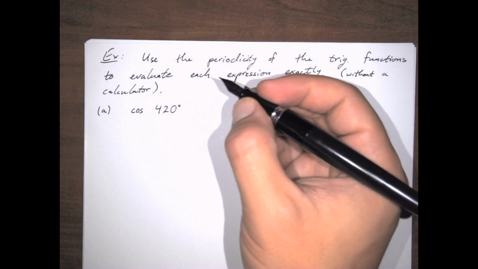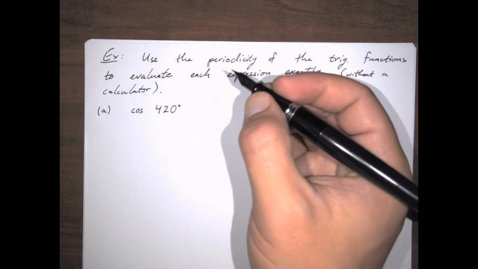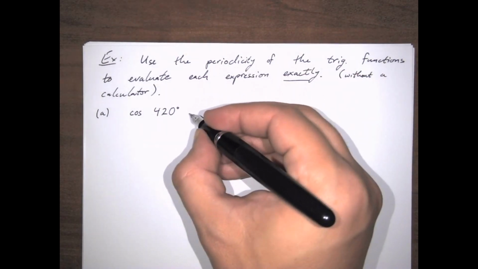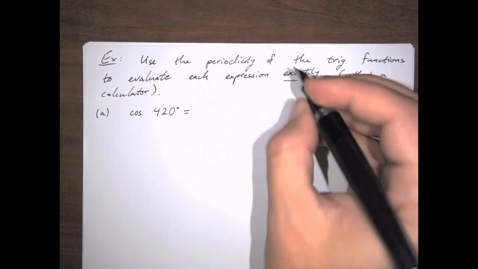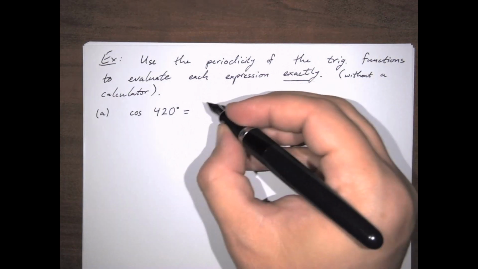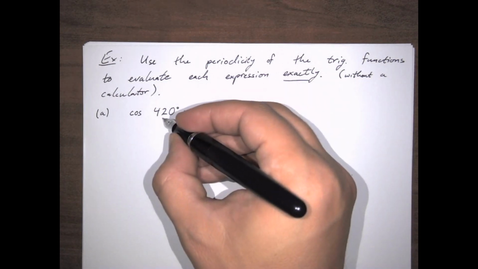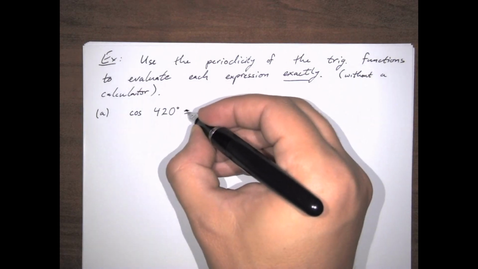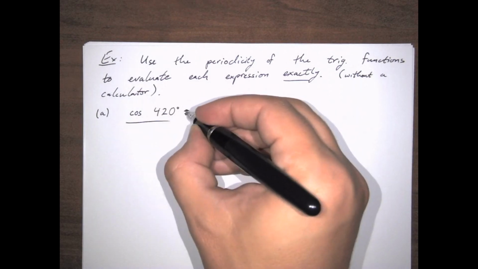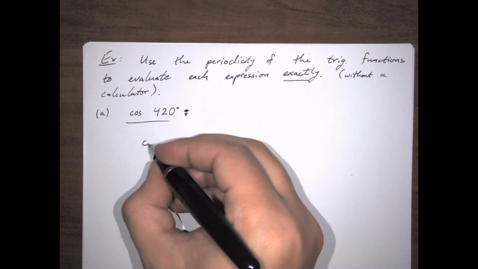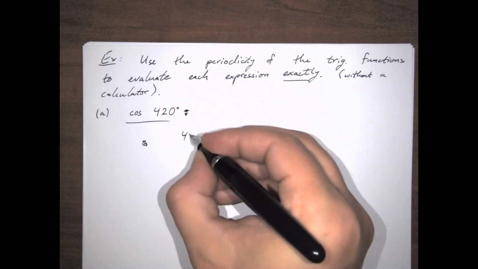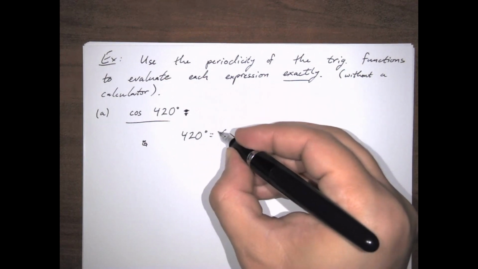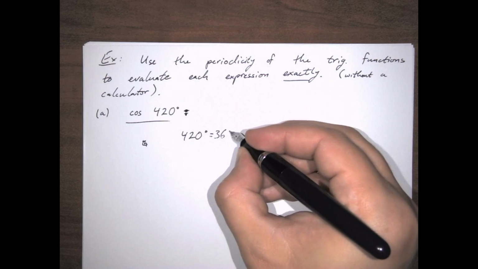Now, technically, we already know how to do this. We just haven't formalized it in this exact way, as in turning it into a matter of the periodic nature. So, cosine of 420 degrees. 420 is more than 360.